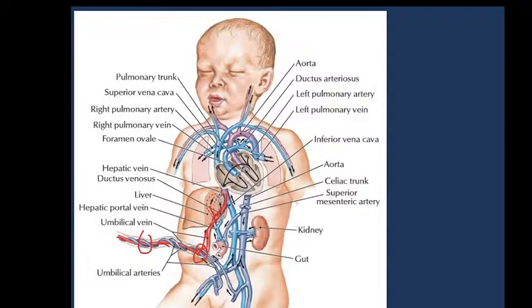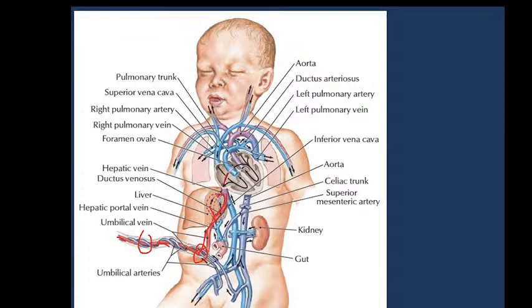Why is it necessary for the blood to come firstly into the liver? Because the liver during the fetal period serves as an organ producing blood cells, and that's why the new blood cells come into the blood, and then through the hepatic veins come back to the inferior vena cava.